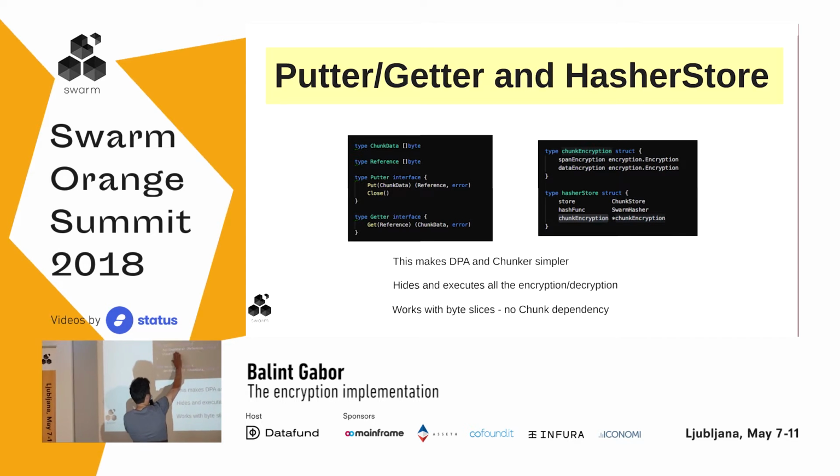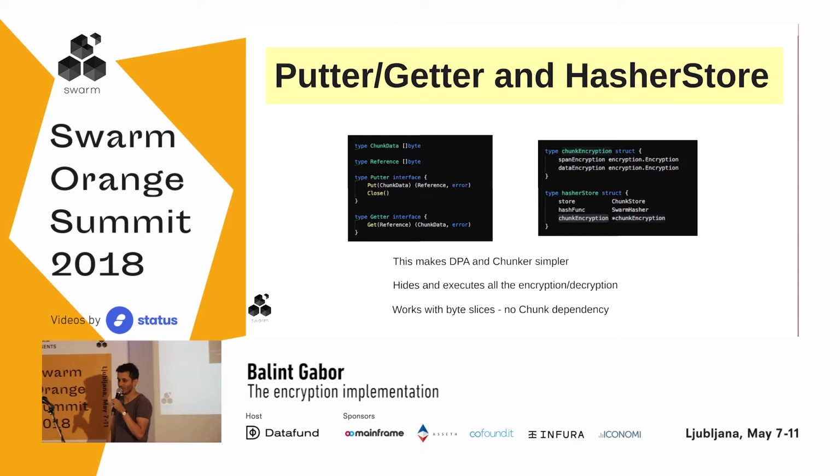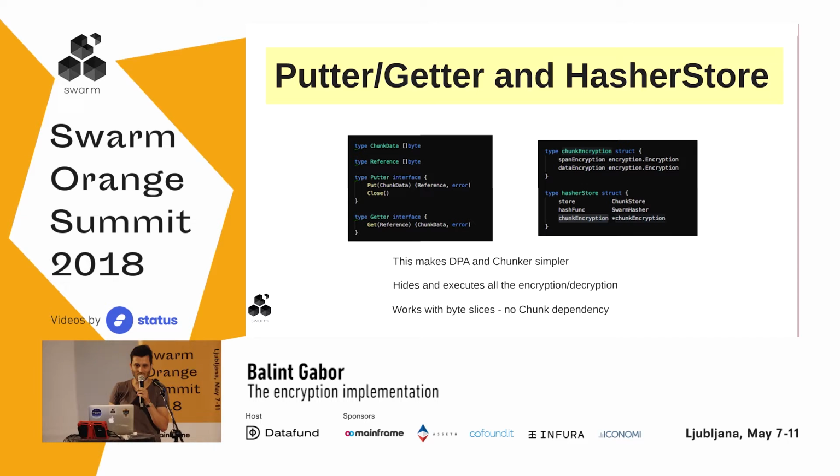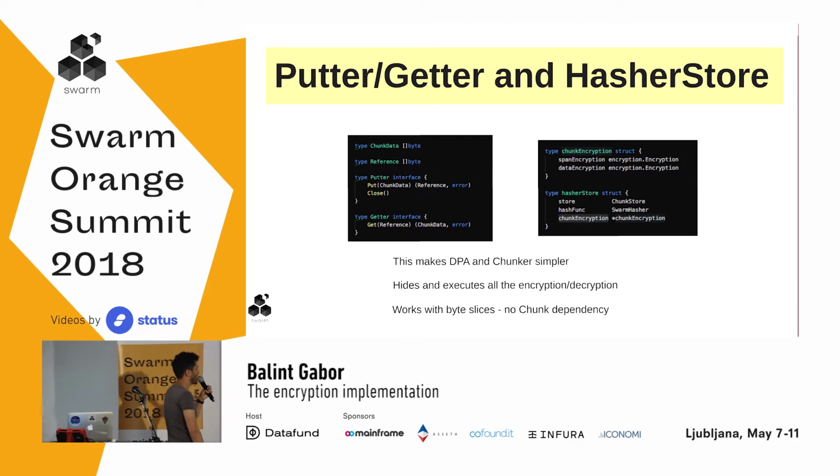It seems like it has some complex types, but if you check, these are just byte slices, so this is also independent from other parts of the Swarm code. You can put a byte slice and then it is hashed and stored, or you can give a hash and then the appropriate chunk data is given back without depending on chunk or anything.